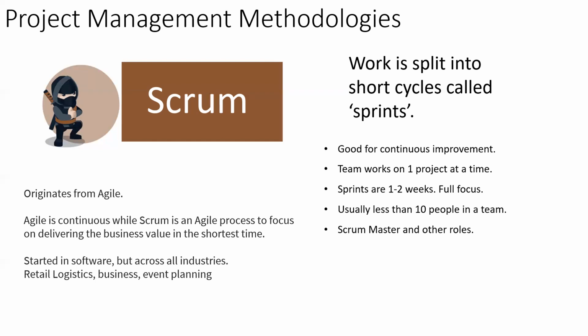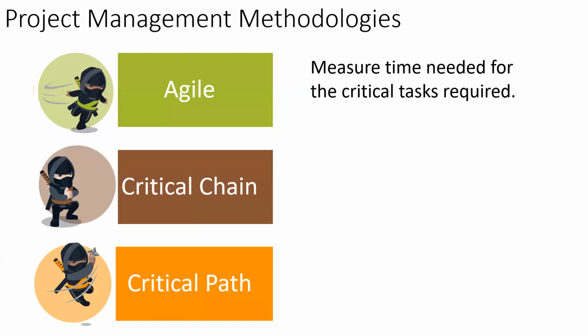And then throughout the team, you've got various very strict and specific roles that each member would play. So have a look at it. Scrum Masters are usually qualified, so you've actually got to do a course to be a Scrum Master. But it is a really useful methodology and it's becoming more and more popular.